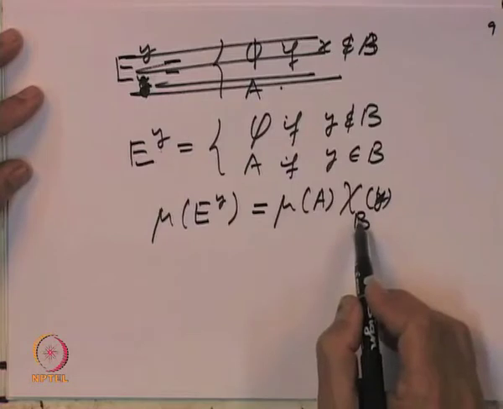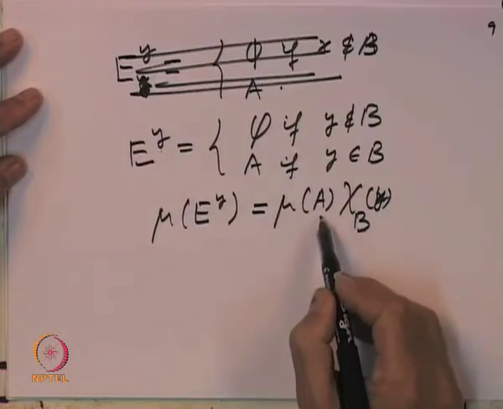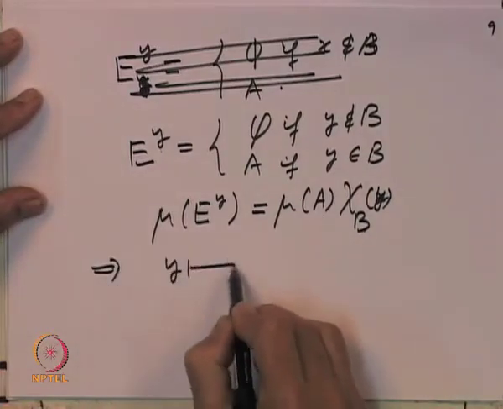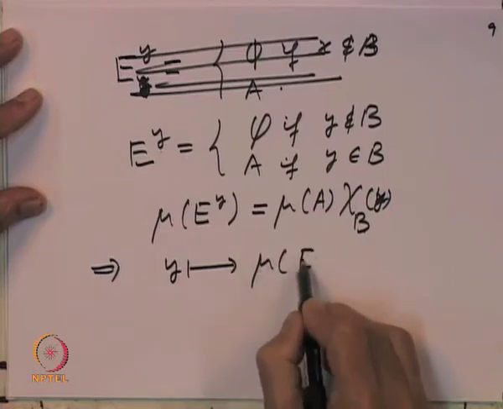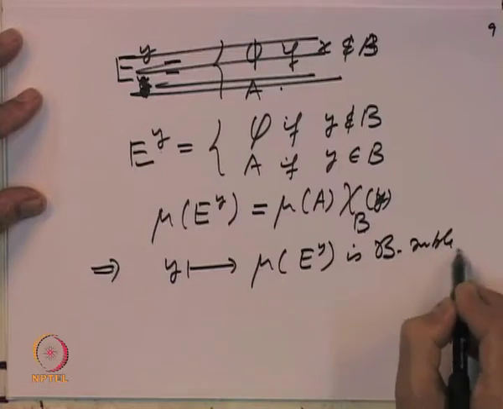As a function of y, it is just the indicator function of the set B multiplied by a constant. So, that implies that y going to mu of E y is B measurable.